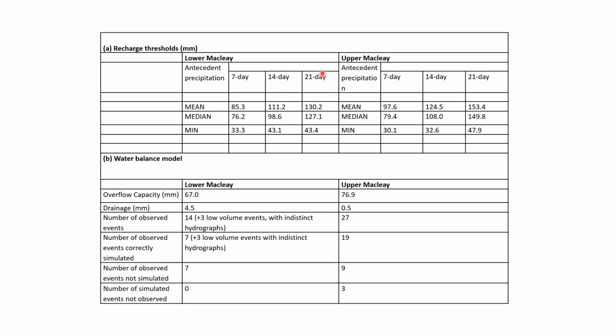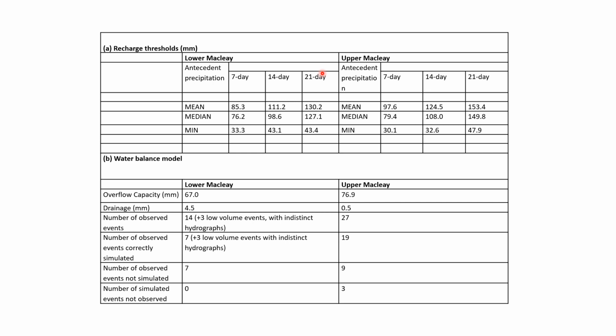We did this because we don't know how long it takes the water to get from the surface to the subsurface. In reality, having done this analysis, we could work out that 7 days was perfectly reasonable, and the water routed from the surface to our observation site in less than 7 days.